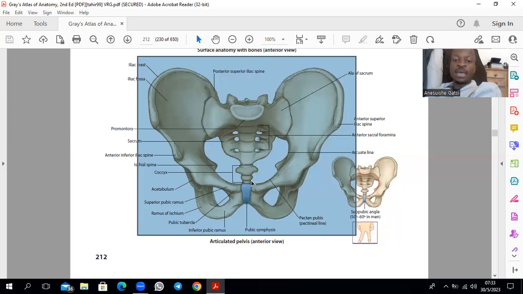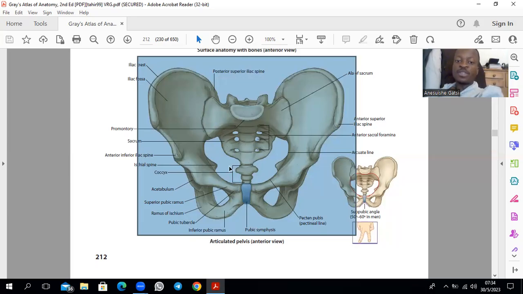Posterolaterally, you also expect what's between the vertebral column and the ischial tuberosities, which is the sacrotuberous ligament. They also form boundaries of your pelvic outlet.